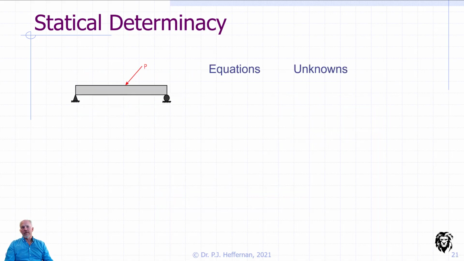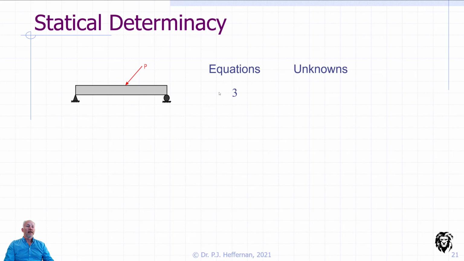So here we just run through some quick examples. We'll go through them very quickly. They're all in 2 dimensions, so the number of equations is always going to be equal to 3. What we have to do is look at the number of unknown reactions at the supports. So we add that up based on the types of support. A pin always gives us 2, a roller always gives us 1, and a fixed support always gives us 3.